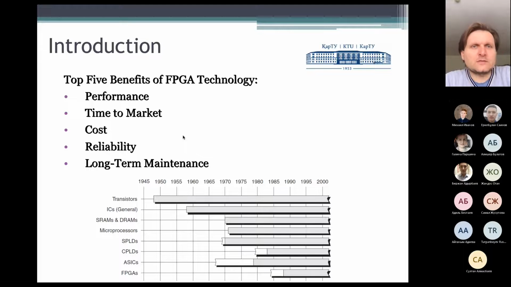Time to market, the next benefit. We talk a little bit about those circuits, and about the project of a PC board. Let's assume we are a manufacturer of TV sets, and we have a line of TV sets, and in the rush, someone invents a new technology of coding. We would have to change everything on the PC boards, change integrated circuits, but when we use FPGA or programmable logic devices technology, we change only the internal structure of that integrated circuit.